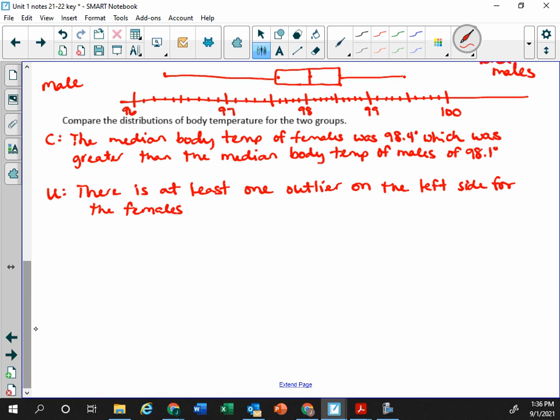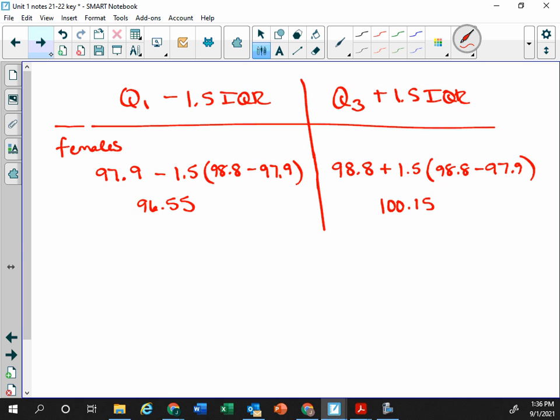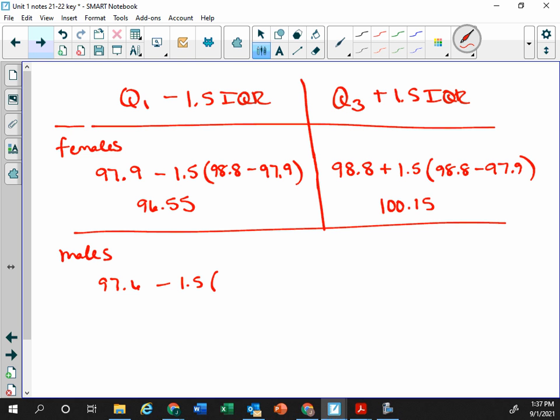And then let's check for the male group just to make sure. I don't think there's any on the male group, but let's just double check. So we'll go through that same process. So the Q1 for males was 97.6 minus 1.5 times Q3, which was 98.6, minus Q1, it's 97.6.